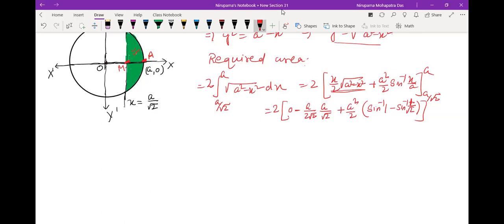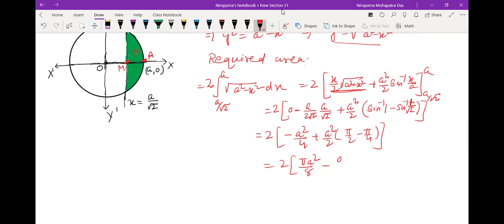This makes the calculation simpler and you can avoid minor mistakes. So twice of minus a square by 4 plus a square by 2 times pi by 2 minus pi by 4, which is pi by 4. So you are getting pi a square by 8 minus a square by 4.